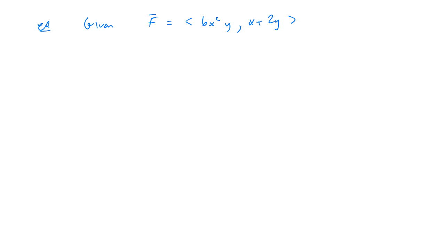So given a vector field, so this is, as I said, could be gravity, could be flow, could be whatever you want.